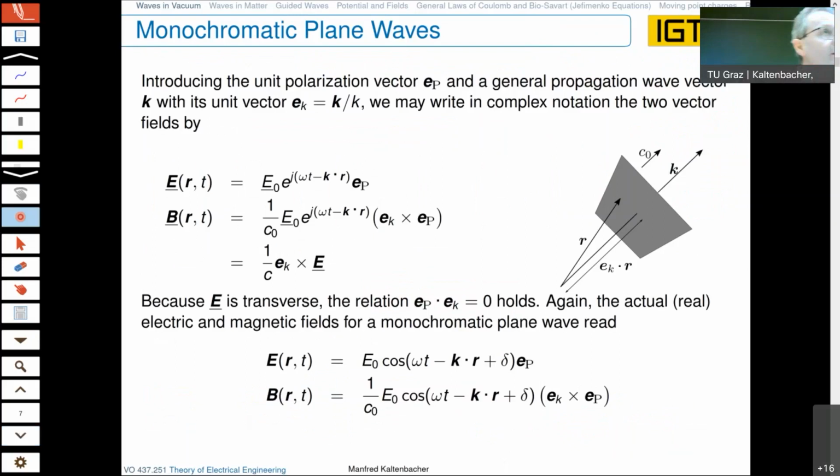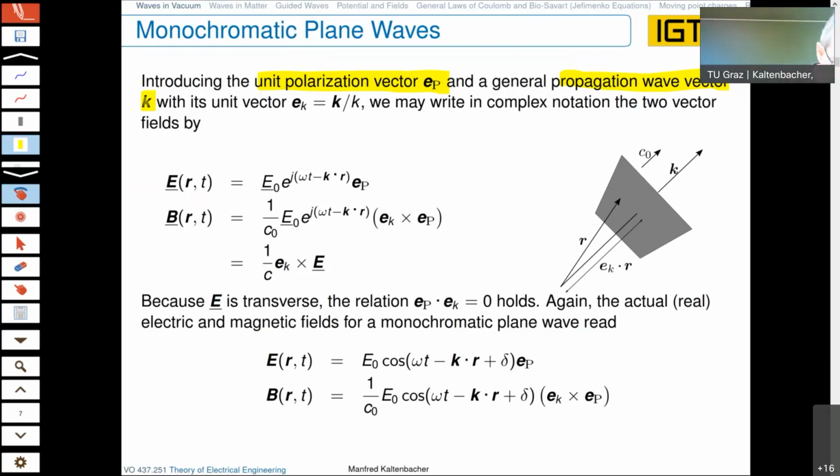Also plane waves do not have to go in z, x or y direction. They can go in any direction, and therefore we introduce here a general unit polarization vector. We call it e_p. And we have the propagation wave vector, which is k, which was in our case e_z, because it's going in z direction, but we can make it in any direction in our three-dimensional space.